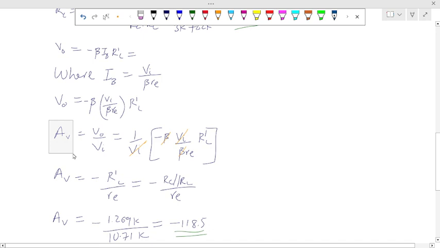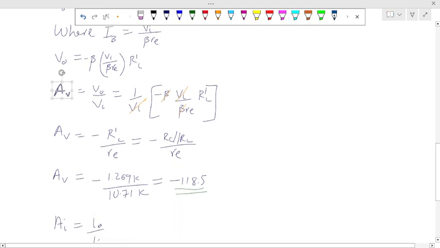So for the voltage gain, you will now bring all this value, the output voltage, you put it here, divided by what? Input voltage. This will cancel out this, this cancels out this, and then what happens next? What we are left with, of course this will cancel this. So what I have left is minus R prime L, or RL prime, all over RE.